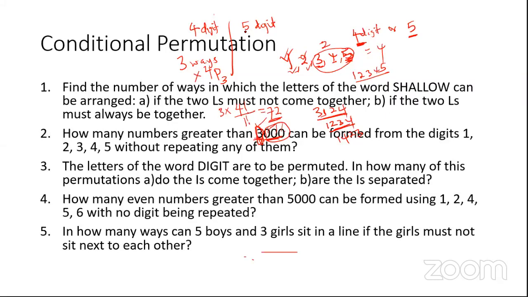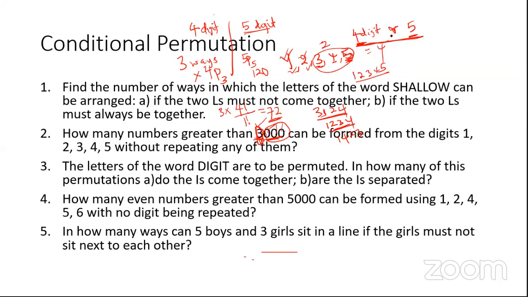If it is a 5-digit number, any number can come. I don't need anything special, so that would be 5 permutation 5, which gives us 120. And I've said it is either a 4-digit number or a 5-digit number.